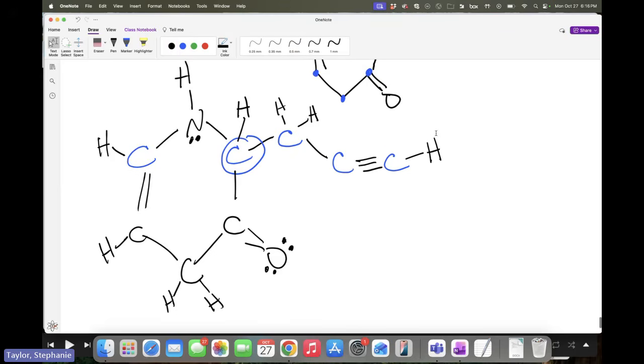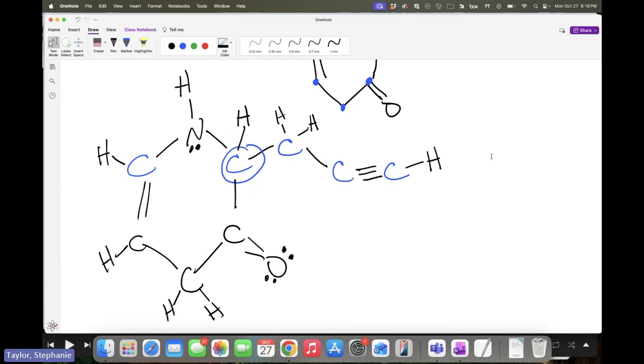So we do go ahead and complete the octets of carbon with hydrogen. Nitrogen and oxygen, we typically just need lone pairs. We'll draw the hydrogens that belong to the nitrogen, or we'll draw the hydrogens that belong to the oxygen. So this is basically translating that line skeletal diagram. And then we could ask different questions.